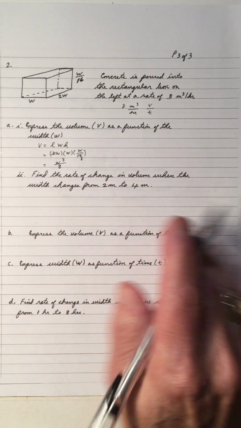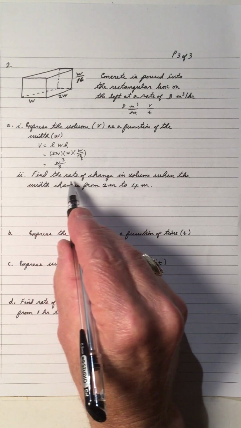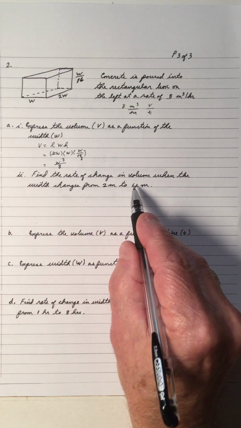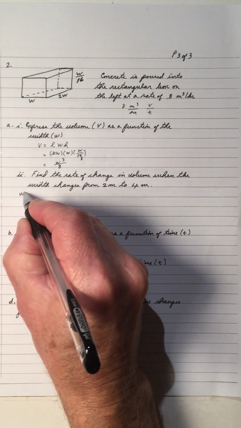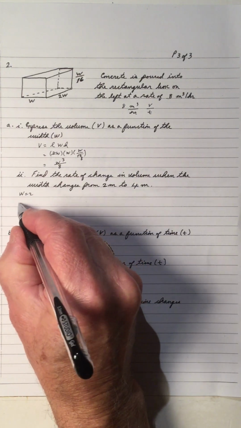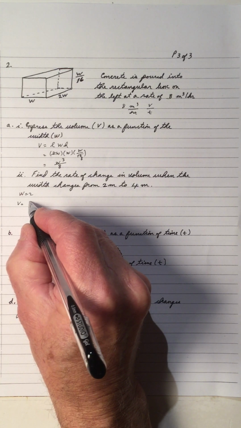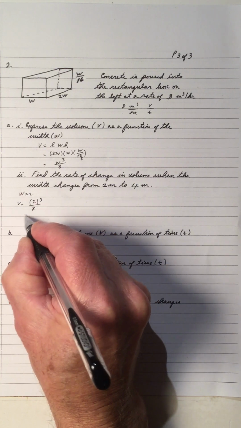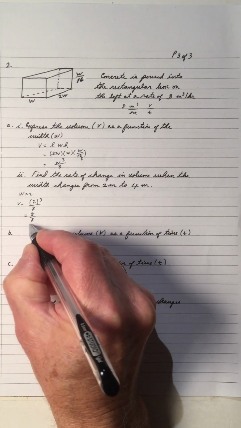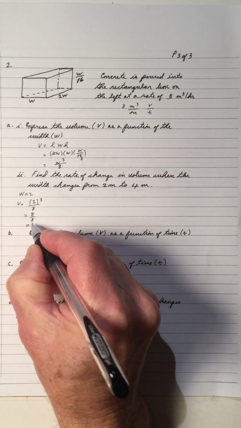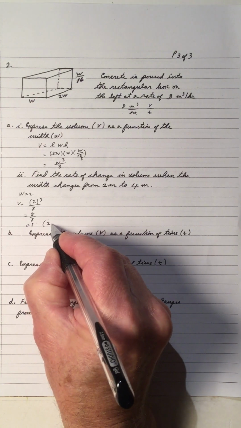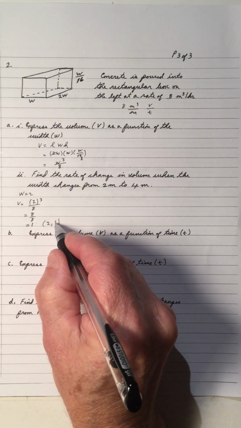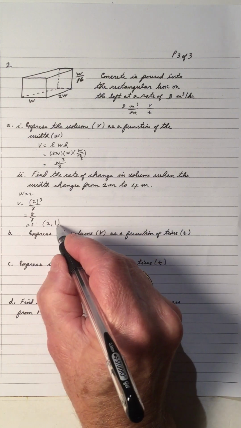Now the next part of this question says find the rate of change of the volume when the width changes from 2 to 4. When the width is 2, the volume is 2 cubed over 8, so that's 8 over 8. The volume is 1 cubic meter.